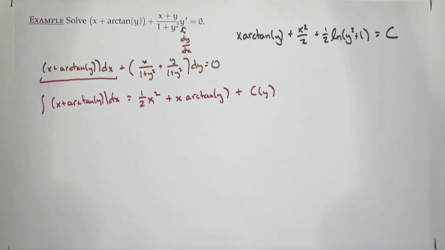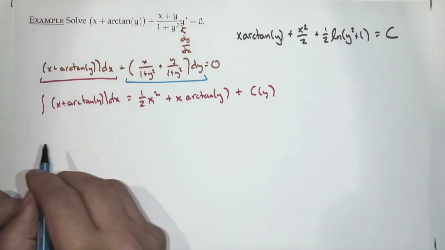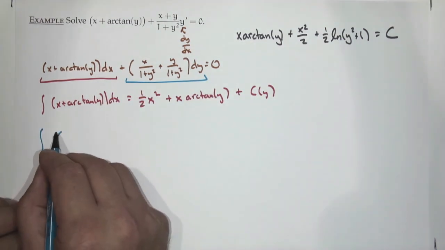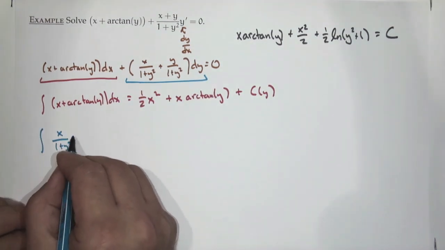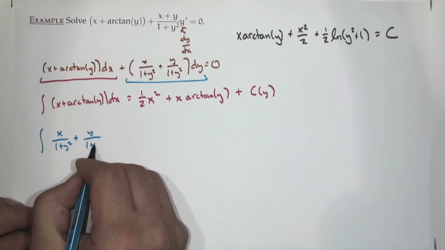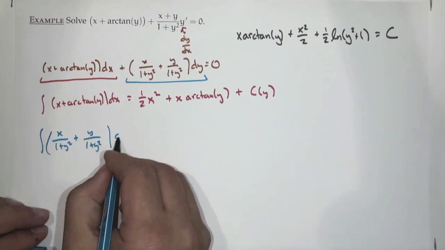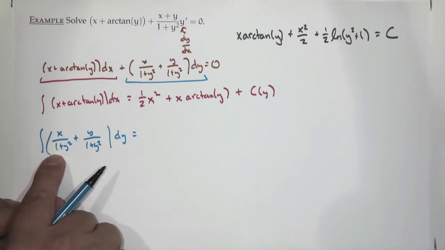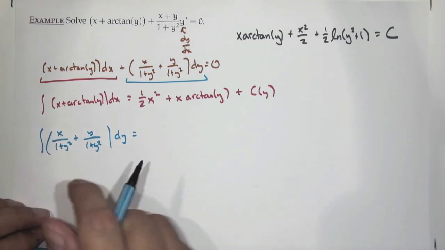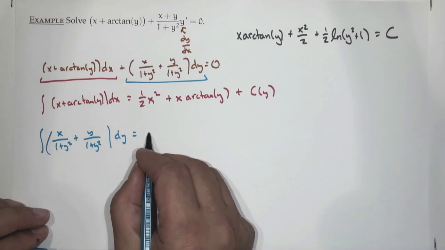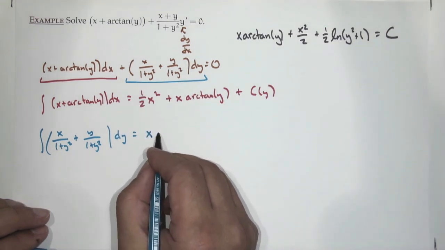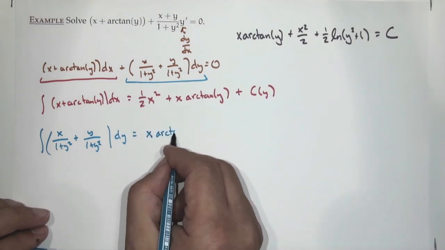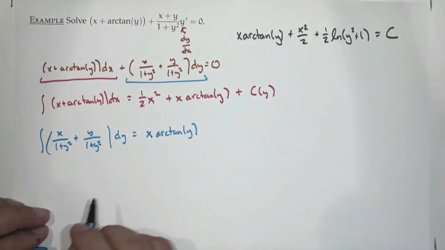All right, we go to our other one. We're integrating x over 1 plus y squared, y over 1 plus y squared, dy. Okay, so x is like a constant, so you can think of pulling it out. Integral of 1 over 1 plus y squared is arctangent. It's oldie but a goodie.